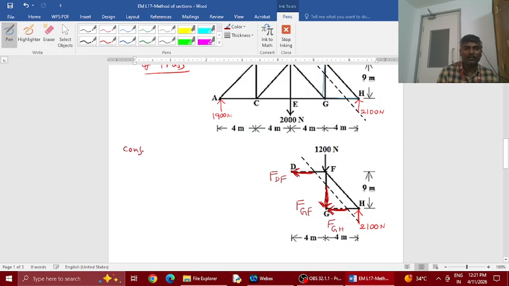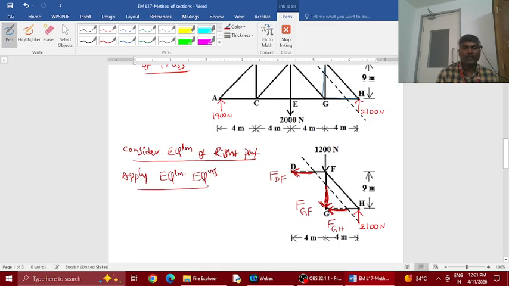So consider equilibrium of the right part and apply equilibrium equations.